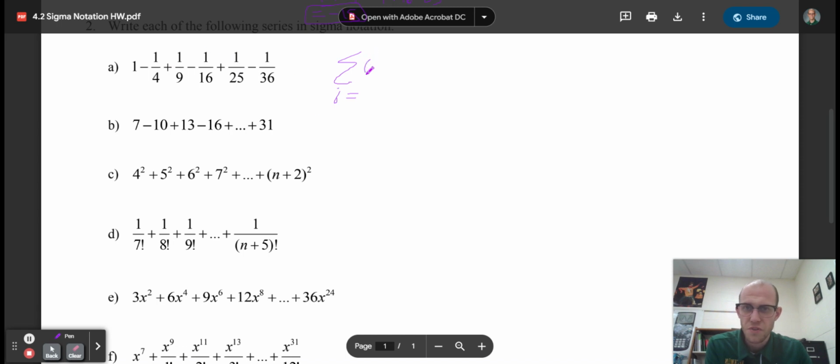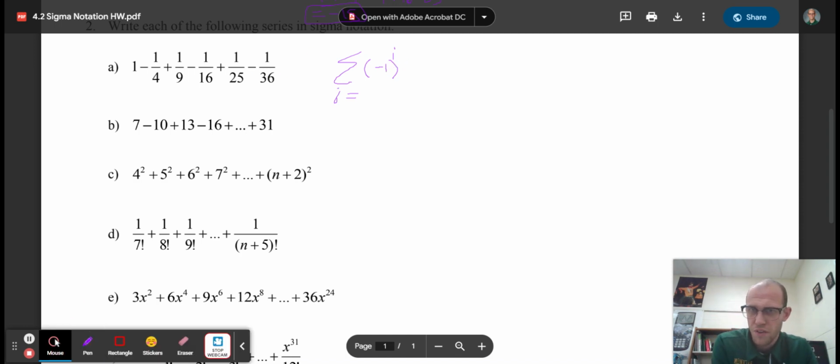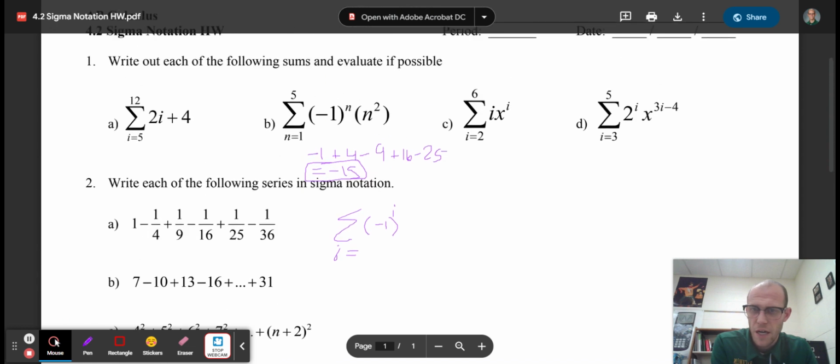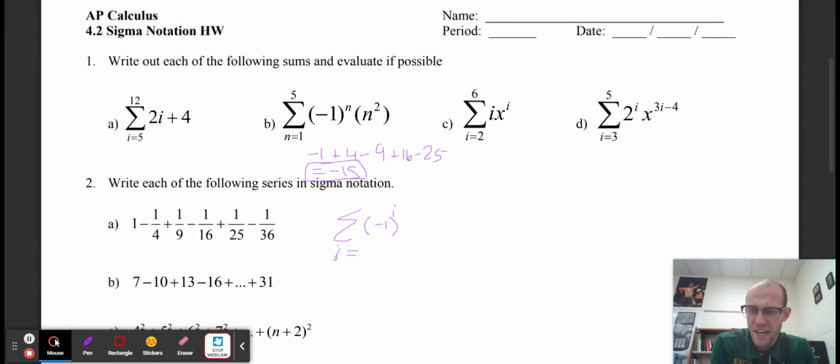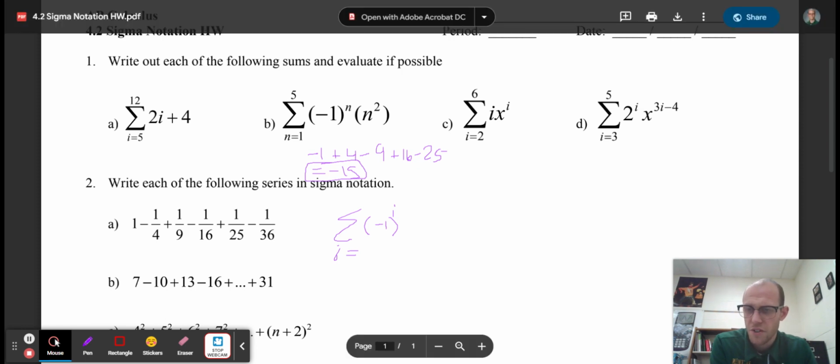So you're going to have -1 to the, and I'm just going to write I right now. It could be I plus 1 if things start negative and then go positive. But if we look at the one that we had up here, the very first term turned out to be negative. Our very first term is not negative, it's positive.